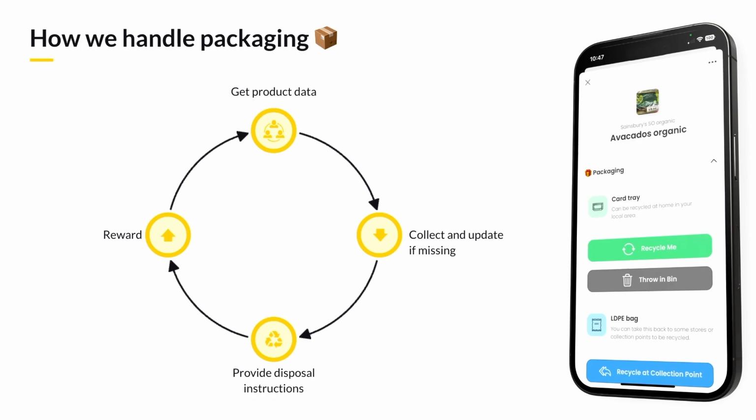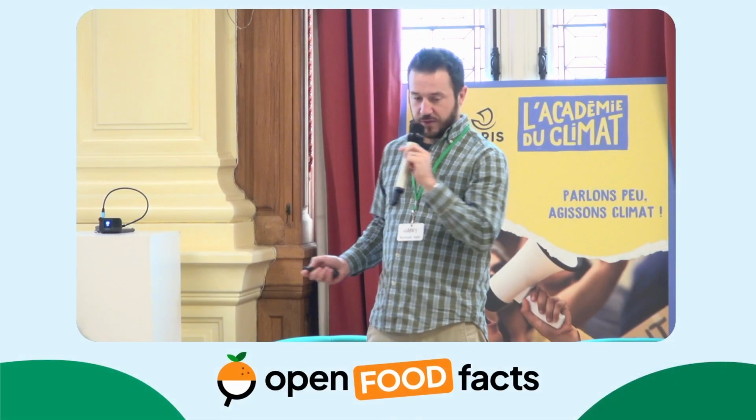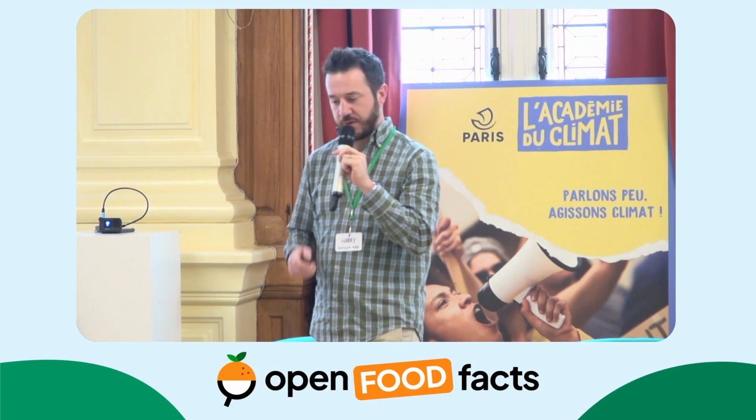After that, we've built a quite complex database of recycling rules based on different locations. I think I could do a whole talk about that, but we've only got 7 minutes, so I won't go into detail about the actual recycling instructions. We combine all that information, give the instructions, let people decide what they do, and then we reward the customer as a last step.